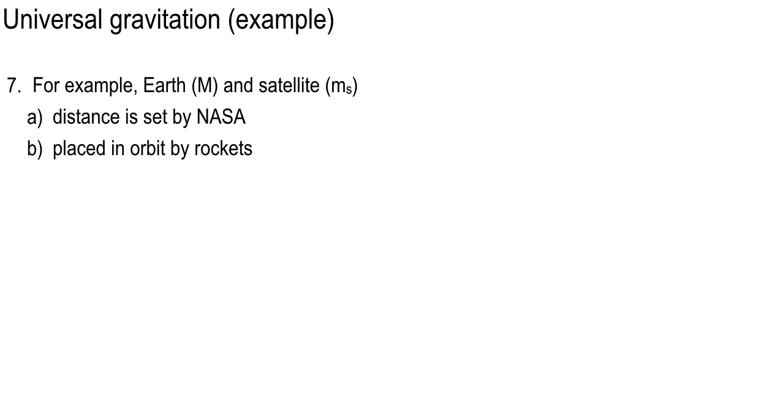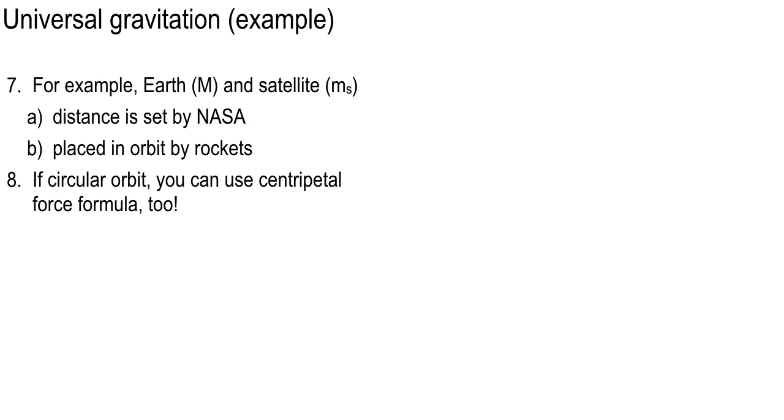NASA's going to put it up there with rockets, the way NASA does. And if it's a circular orbit, we can hack it pretty easily. So let's say that we're putting a spacecraft up there on a circular orbit.